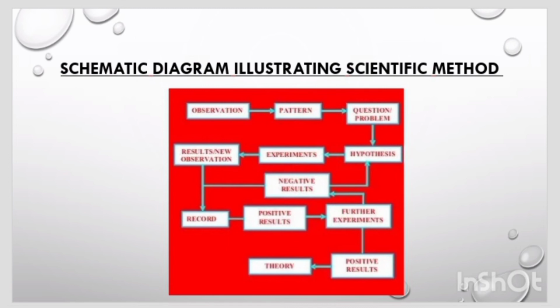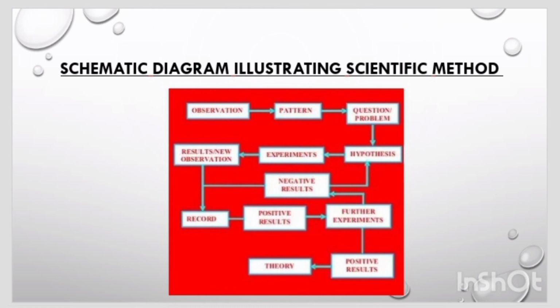But you must note that if at any point of this experiment a negative result is obtained, the scientist goes back to the drawing board and reconstructs the hypothesis or makes an entirely new one, and then the process is taken round in a circle again.